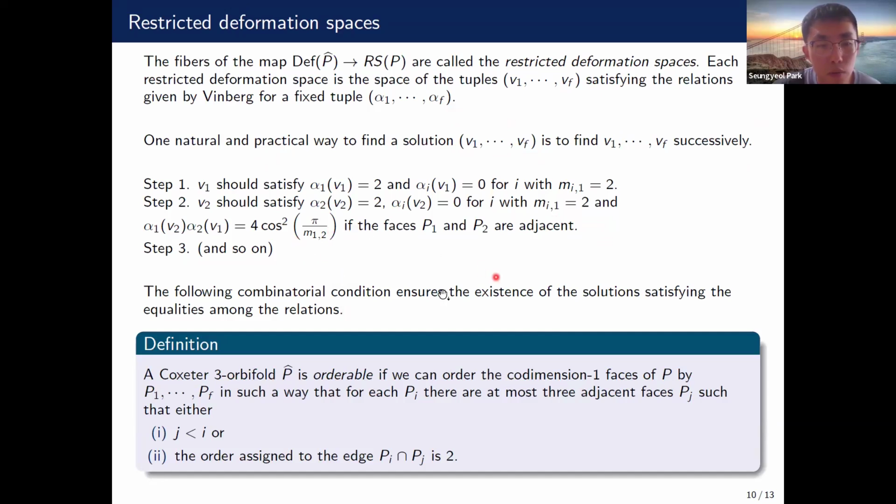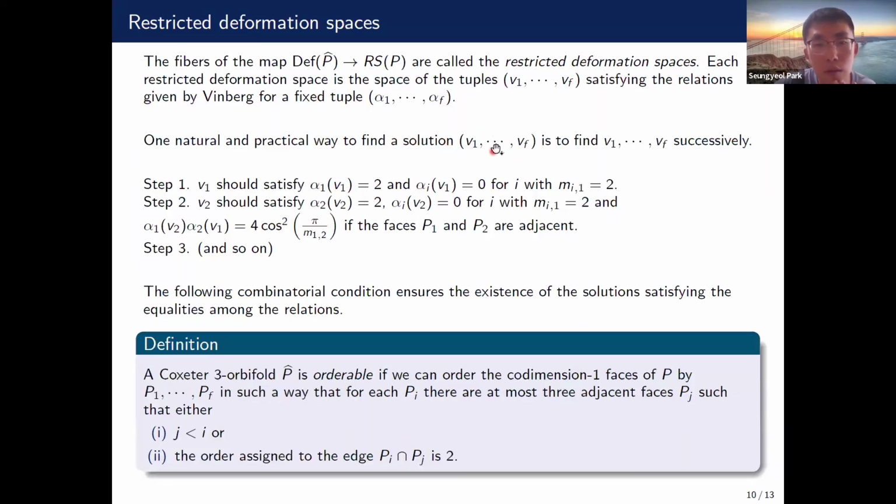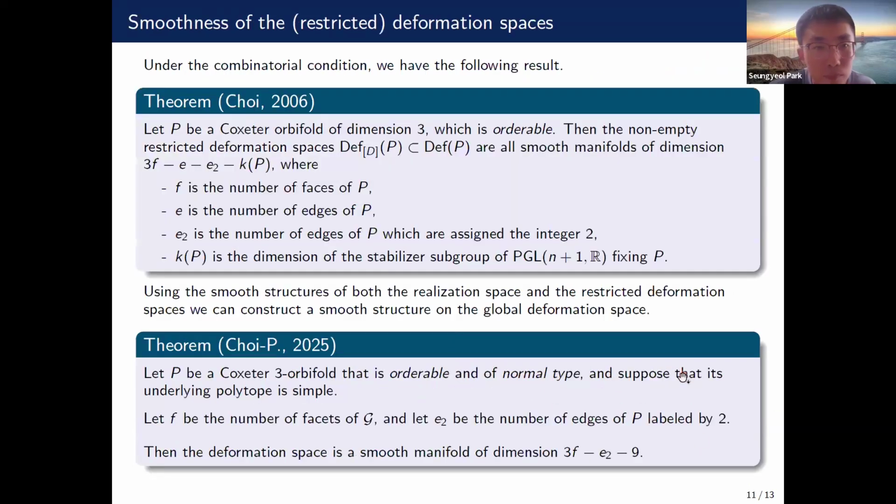If I recall the relation given by Vinberg, we have to find V such that this relation holds. First, for example, to find V1, it must satisfy these relations. And after I find V1, we find V2 by solving some linear equalities and inequalities and so on. There is a combinatorial condition called orderability, which guarantees that the solution of such linear equations always exists.